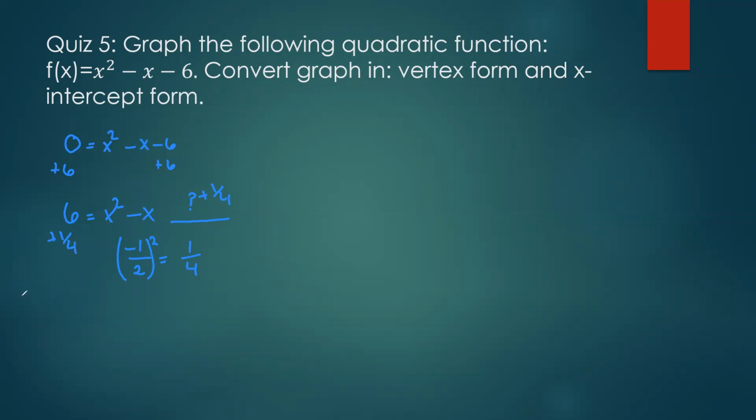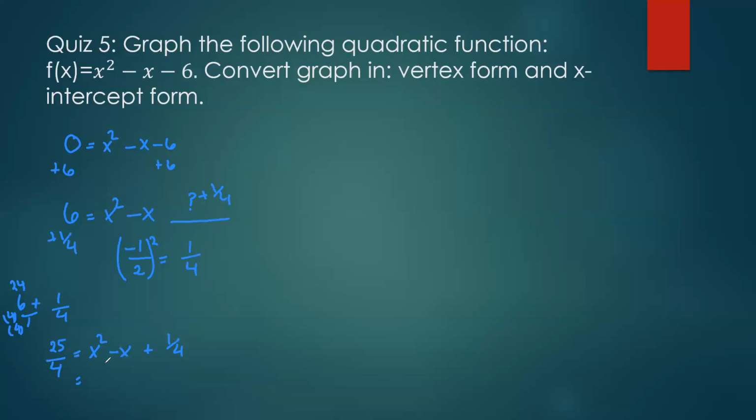So what's 6 plus 1/4? You would multiply 6 by 4, which is 24, plus 1, that's 25 over 4. That's x² - x + 1/4.